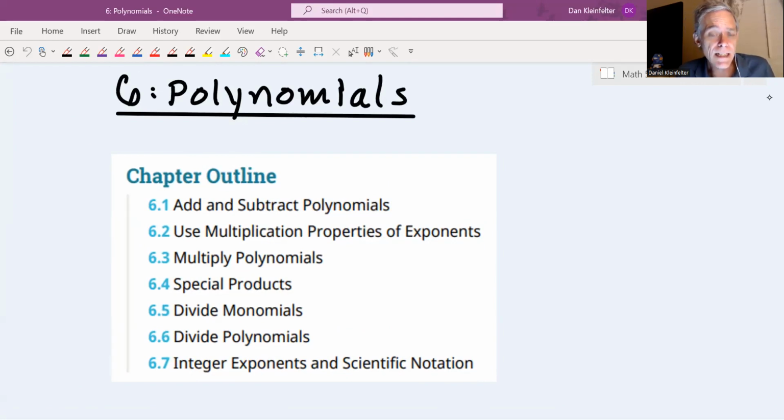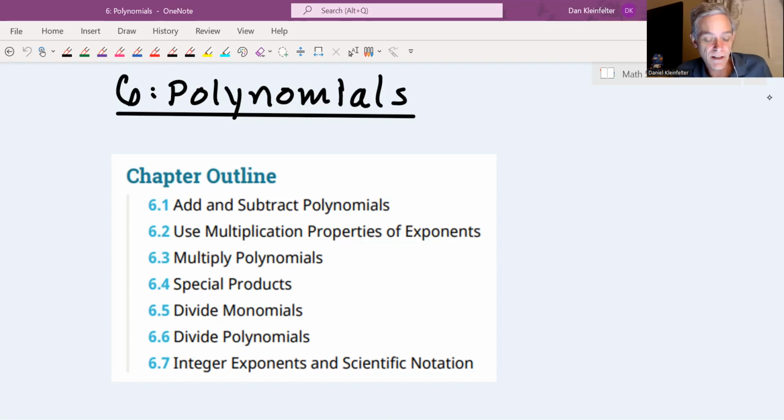And then 6.2 is about exponent rules, and we'll need some of those exponent rules to help us multiply polynomials. 6.3 is about multiplying polynomials. 6.4 is special products, so there are specific kinds of multiplication problems that we'll see involving polynomials, and 6.4 deals with those. 6.5 is about dividing monomials, and 6.6 is about dividing polynomials.